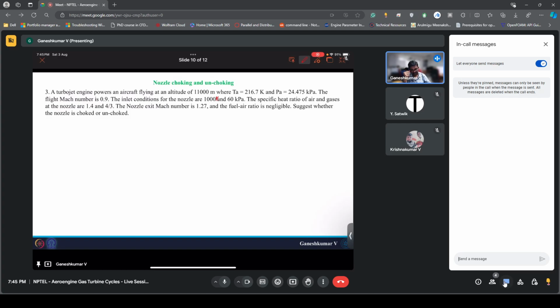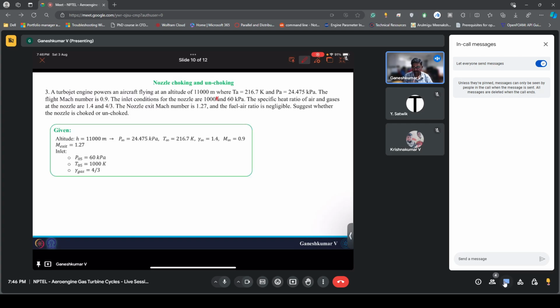The nozzle exit Mach number is 1.27 and the fuel air ratio is negligible. Suggest whether the nozzle is choked or not. That's what they are asking. So we have been given inlet conditions of the nozzle and also the ambient condition. If the gases go through the nozzle, will that condition be choked or not? That is what they are asking.